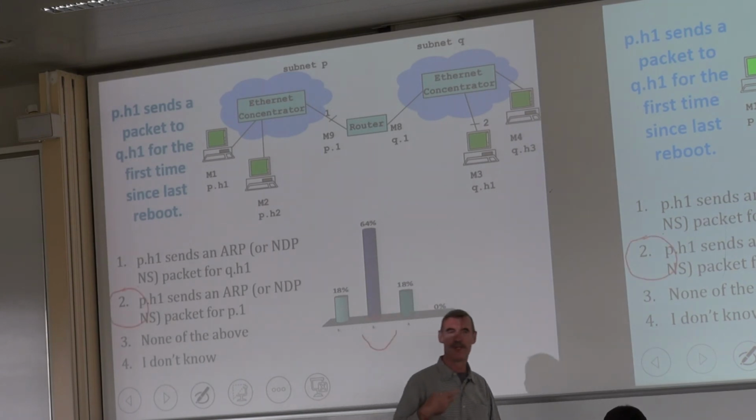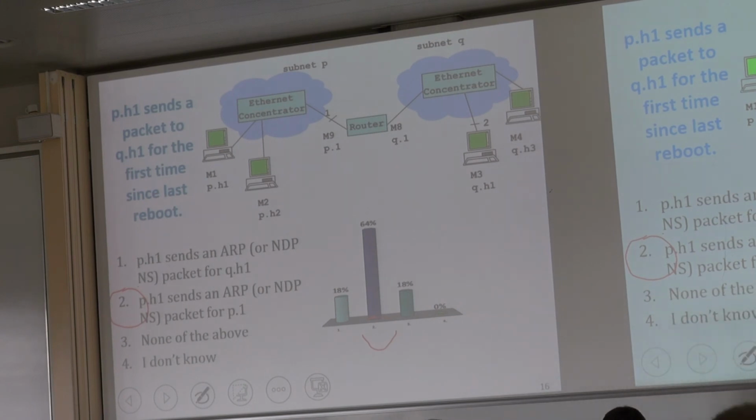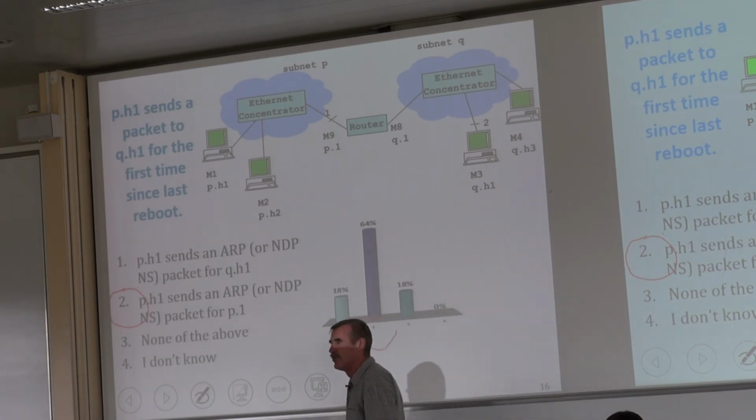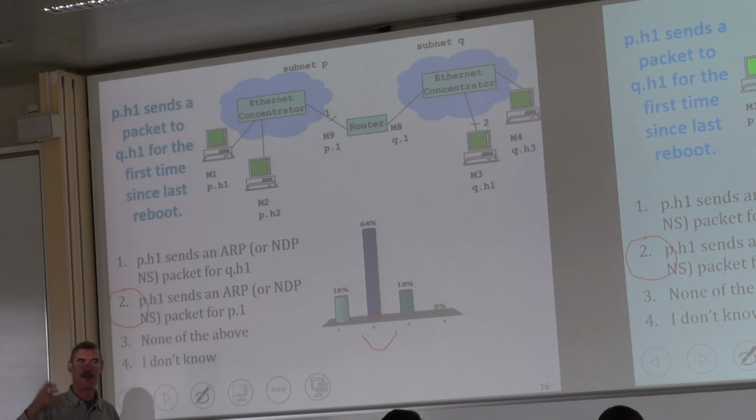An Ethernet concentrator is a device that makes a LAN out of all the devices connected to it. We call it a switch. It could be a hub, we'll see that a bit later. So M1 has a packet to send to M3. It will need to go to the router because the final destination is not in the same LAN. So you will send the packet to the router.